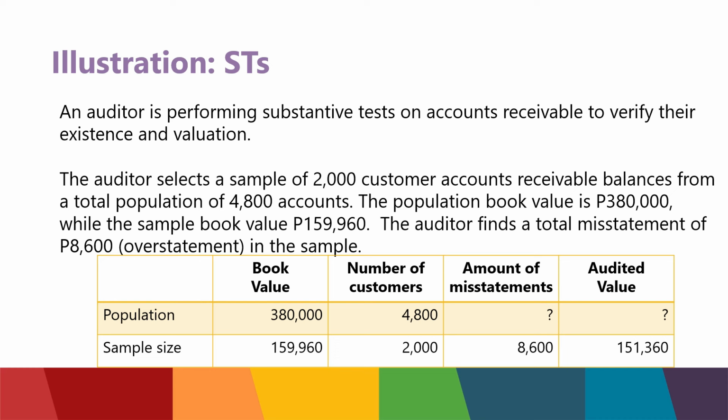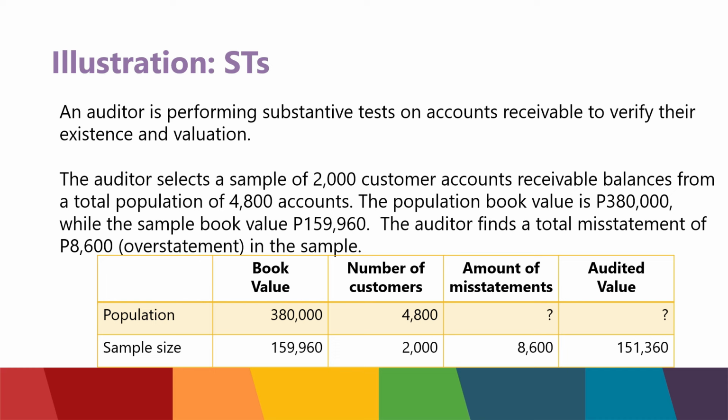The amount of misstatements we do not know yet for the entire population, simply because we are not testing the entire population. What we do know is that the sample that we got is overstated by 8,600.